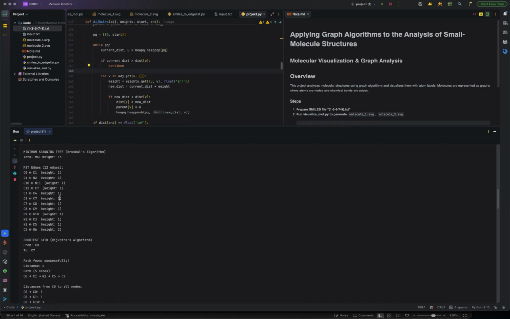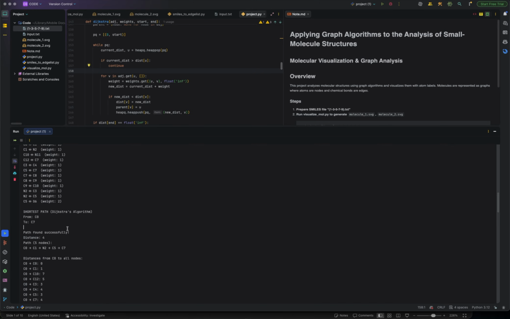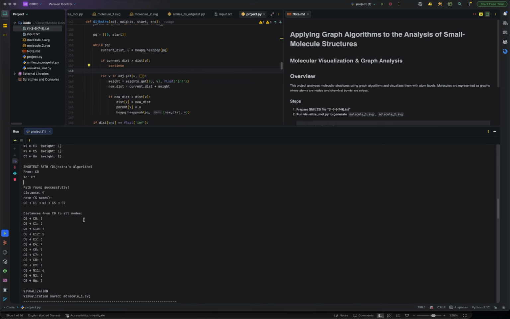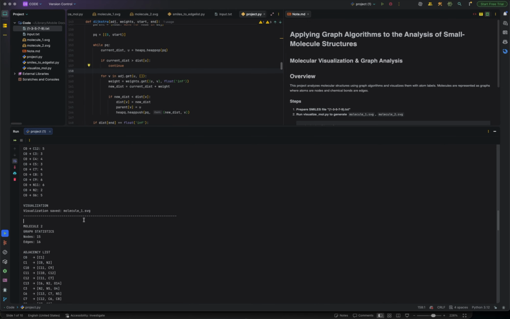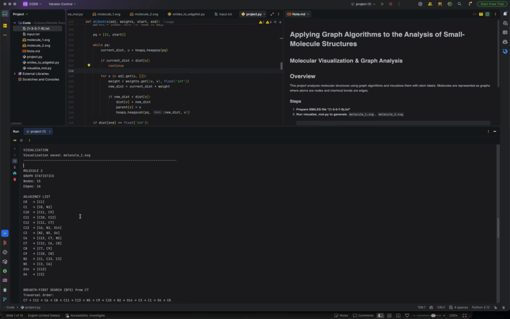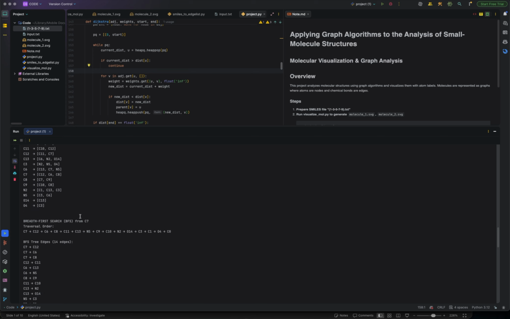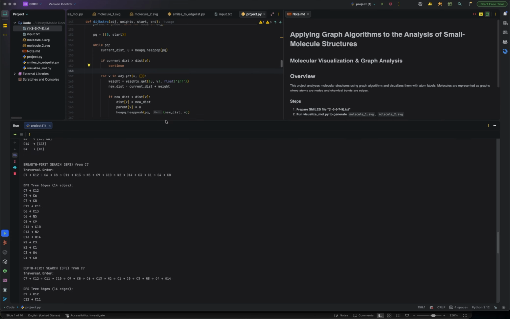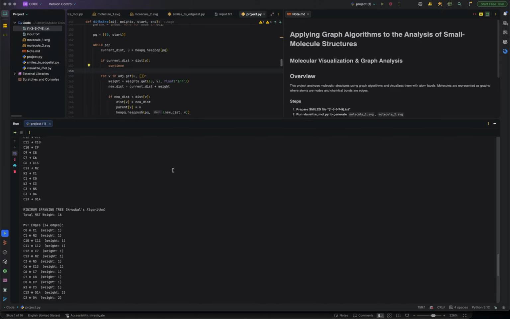We have 12 MST edges for molecule 1. Also, we find the shortest path from C0 to C7. I have also saved these results here.